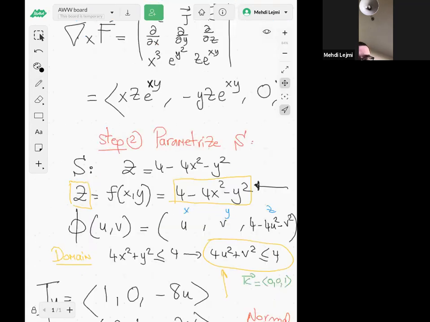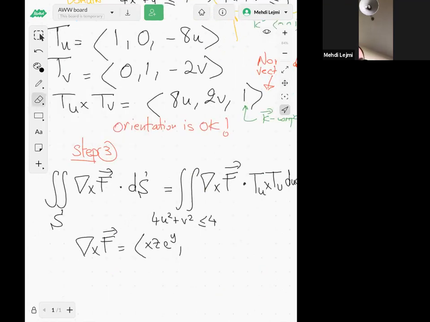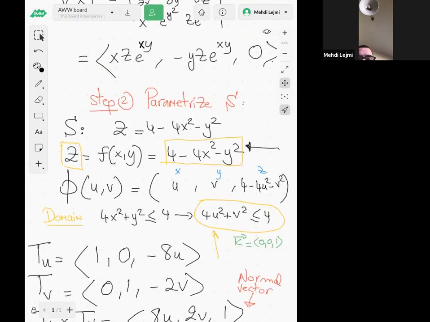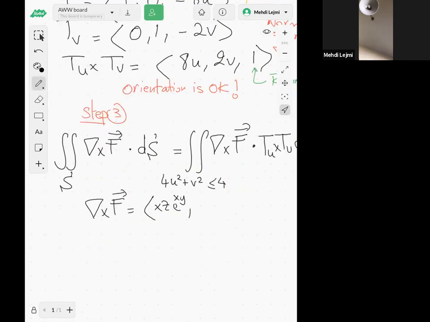So xz e to the xy. The second component is minus yz e to the xy, and then 0. Okay, that's cool. At least this is 0.